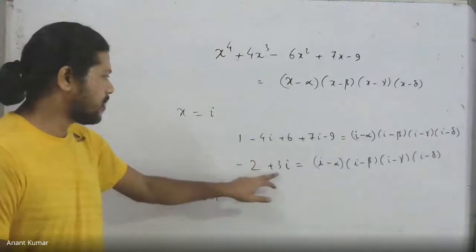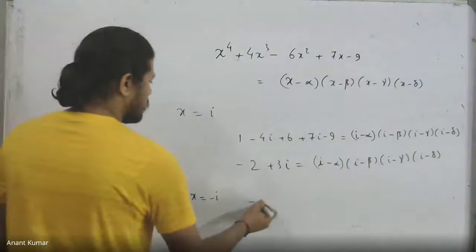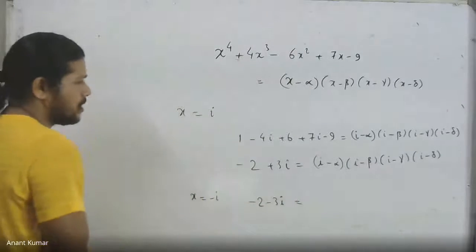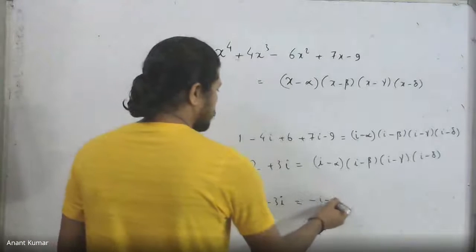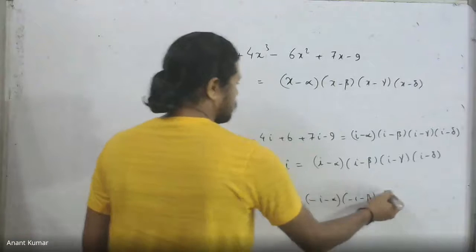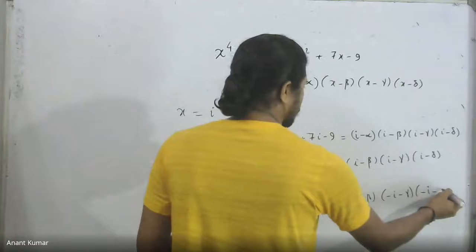So this will turn out to be effectively minus 2 minus 3i. That can be checked easily.